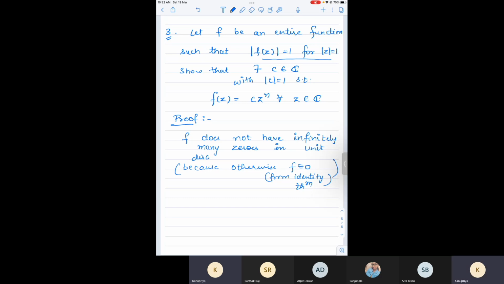Now we are assuming some other function, capital F. First of all, we have finitely many zeros of this function in the unit disk. Let these zeros be a_i.